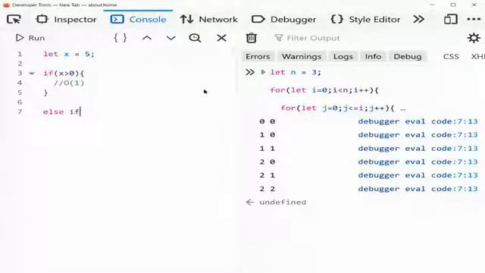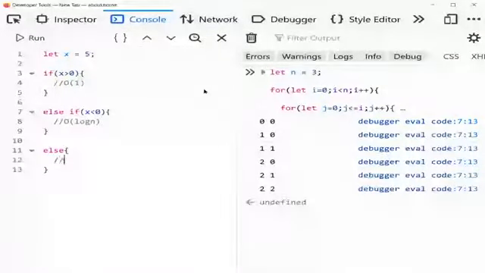Else if x is less than 0, then it will be order of log n. And in the else case, we have our output as order of n square. You can consider like it is generating two for loops and this kind of thing. We'll look into it in detail in a while.